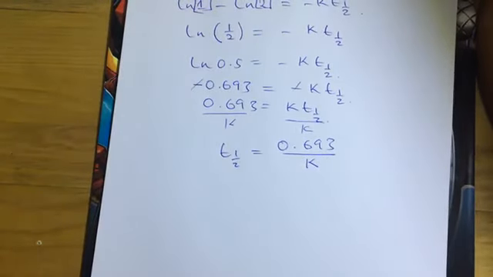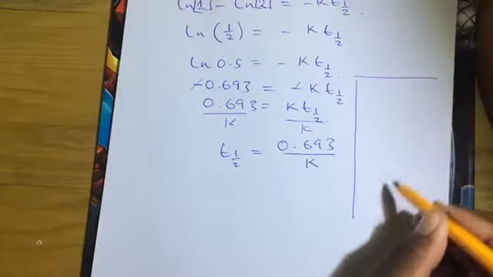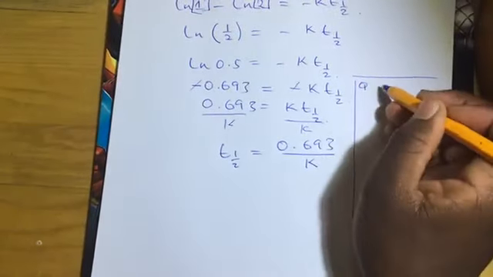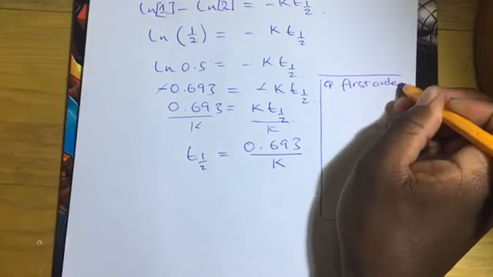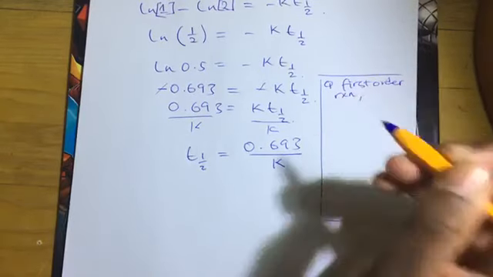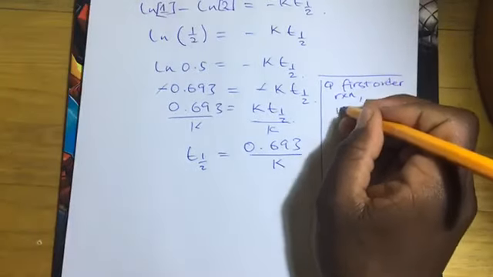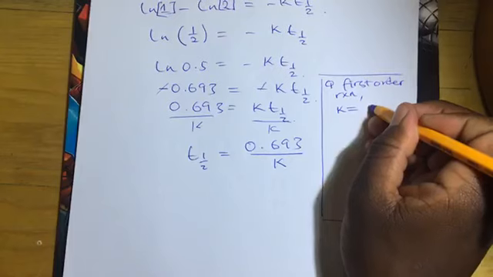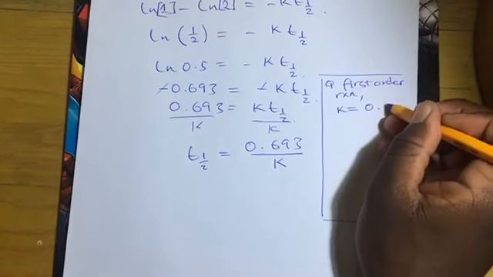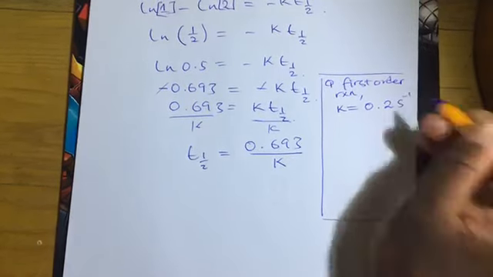Okay. So how do questions come? They'll tell you for a first order reaction, k is maybe 0.2 per second.